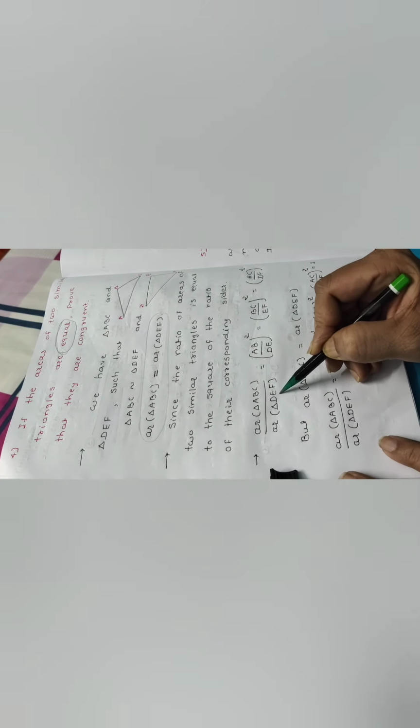But we are aware that the ratio of the areas of the two similar triangles is equal to the ratio of the squares of their corresponding sides. So area of triangle ABC upon area of triangle DEF is equal to AB square upon DE square is equal to BC square upon EF square is equal to AC square upon DF square.